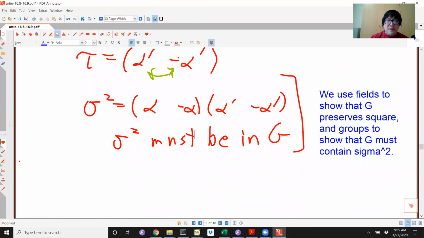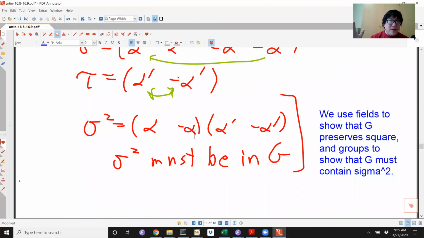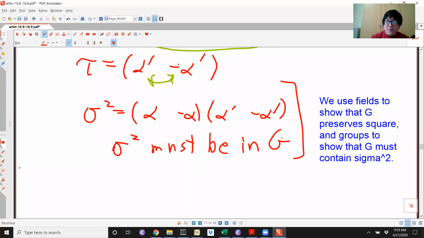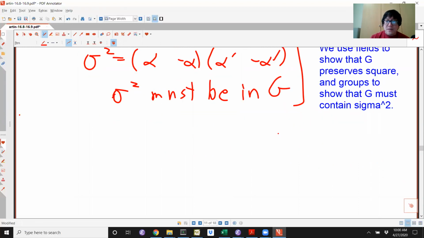Then by listing all possible transitive subgroups of the symmetries of the square, we observe that sigma squared is in all of them, and so we know that this particular element is in G. So right. Any questions so far?